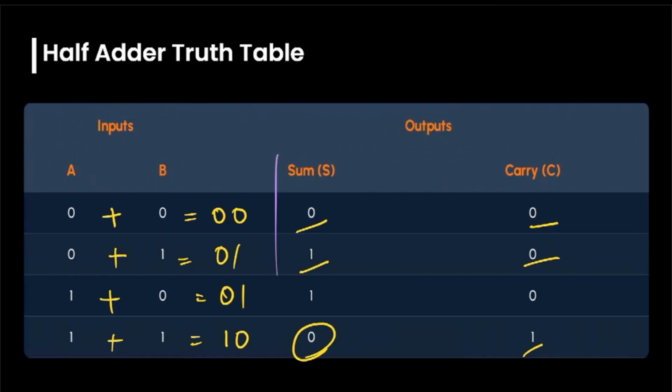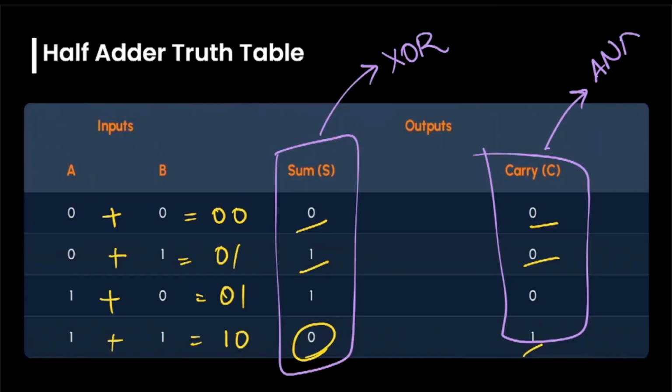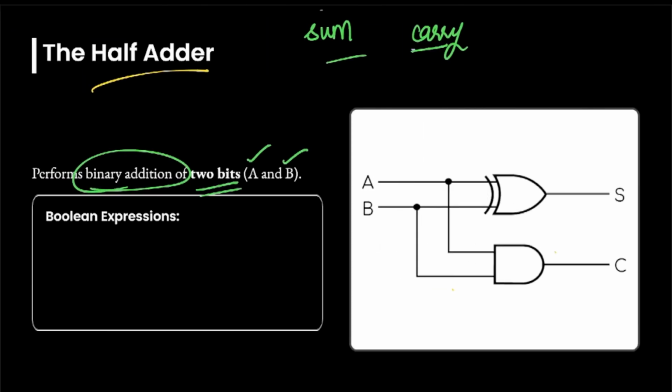Now look carefully at this. What does the output represent? The sum output represents your XOR gate, right? Now if you look at this table, what do you see? The carry output represents the AND truth table, right? So that's very important so that we can write our Boolean expressions.